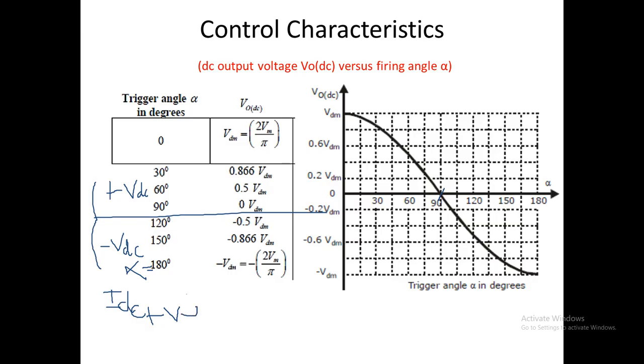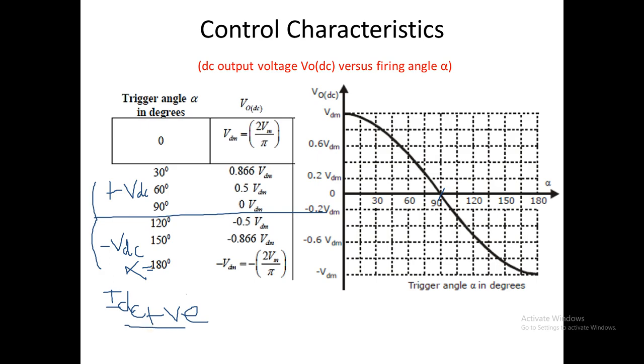So from 0 to 90 degrees, voltage will be positive and current will be positive, so the product, that is power, will be positive. So the power flows from source to the load. And for alpha greater than 90 degrees up to 180 degrees, the output voltage VDC is negative and current will always be positive.